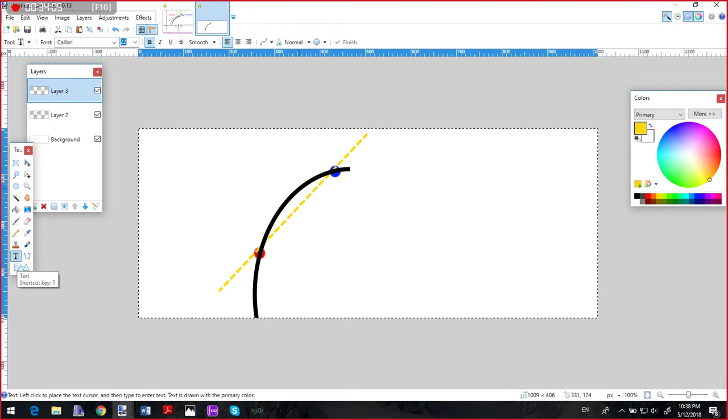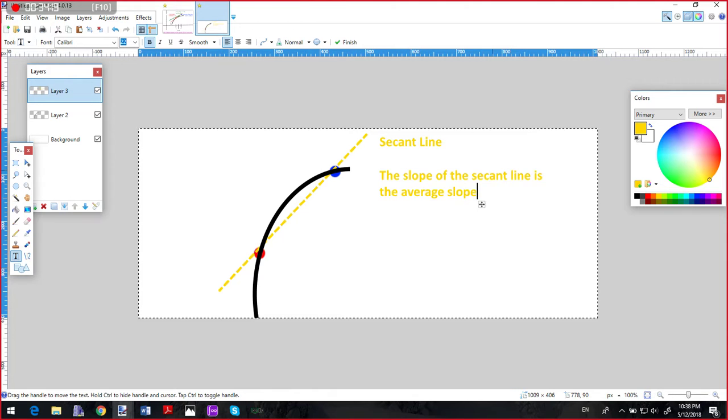Okay, so this is the secant line. The slope of the secant line is the average slope between A and B, which is just y2 minus y1 over x2 minus x1.